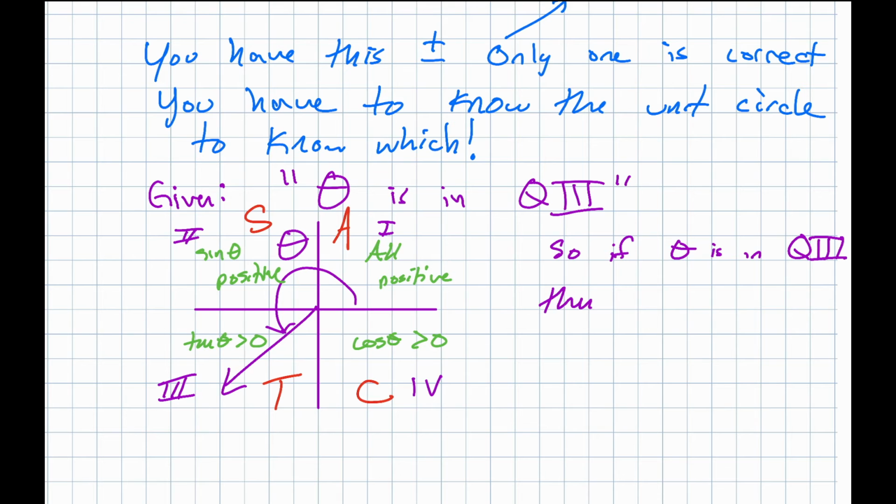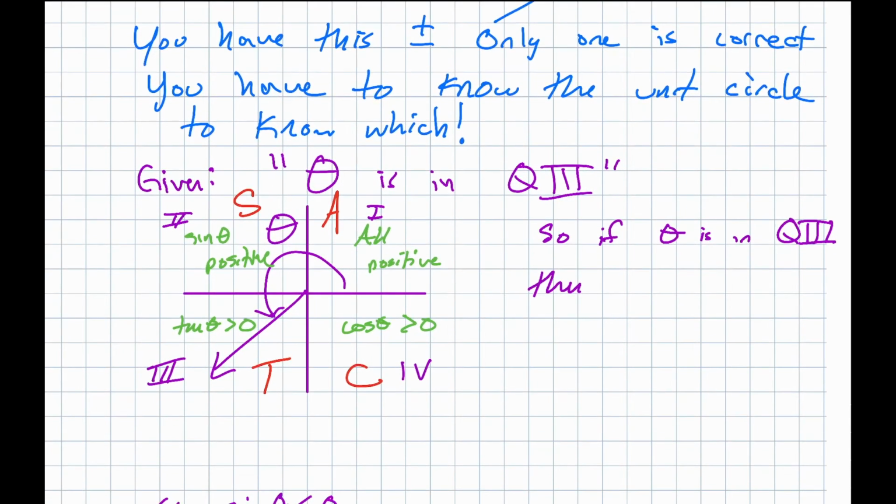So the cosine must be negative. Cosine is negative. And also just to write it out, sine is also negative. But tangent, by the way, is positive. Okay. And that's how you use that information.